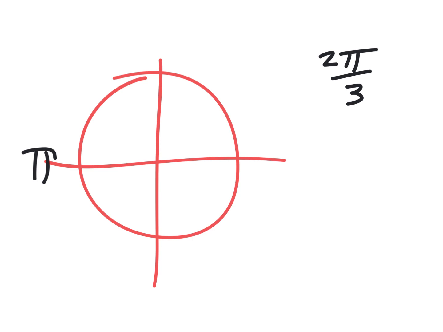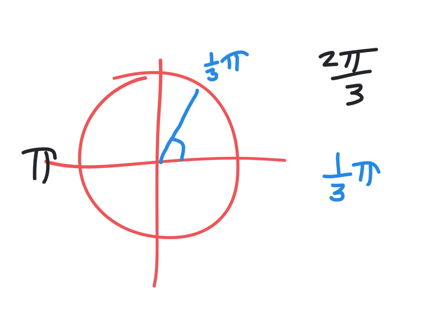So where is 1/3 of the way to pi? Then I can just double that, and it'll be 2/3 of the way to pi. Well, 1/3 of the way to pi is about there. Do you get that made like a 60-degree angle? Does that make sense to you?